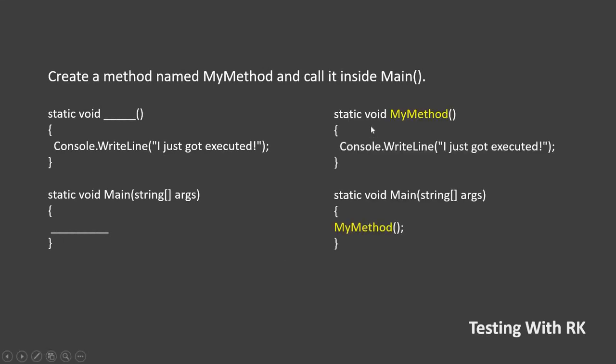And the answer is static void myMethod, Console.WriteLine. So myMethod is a method outside your main. To call that method, we have to declare the method name, and it will execute everything within that particular method.